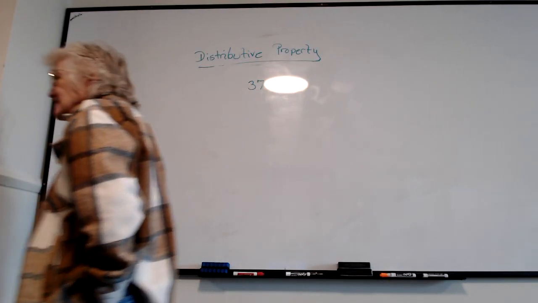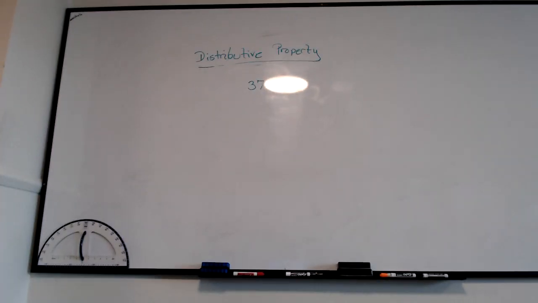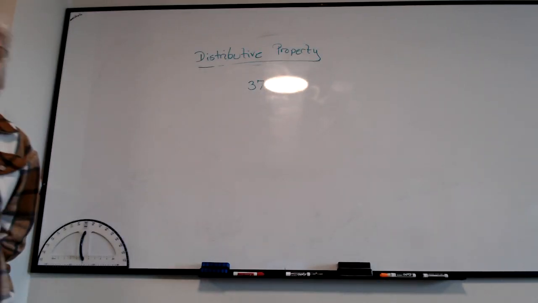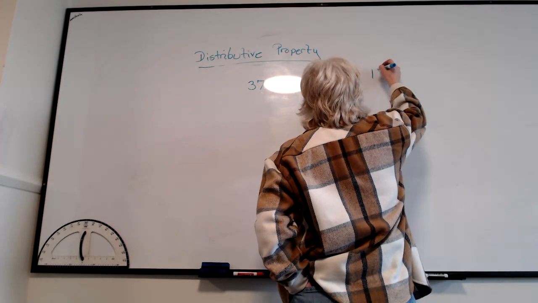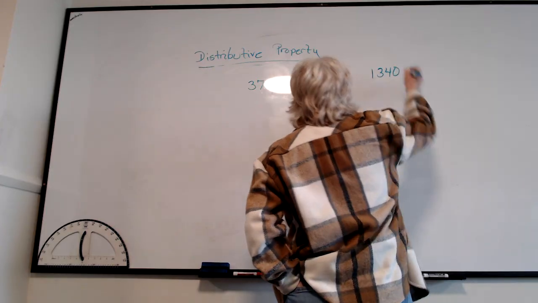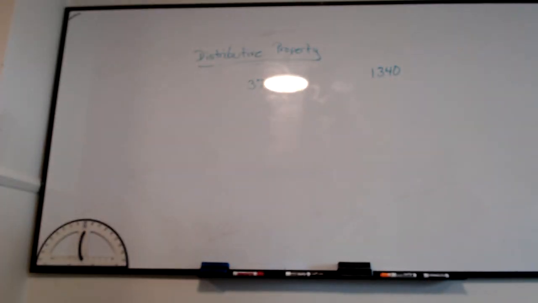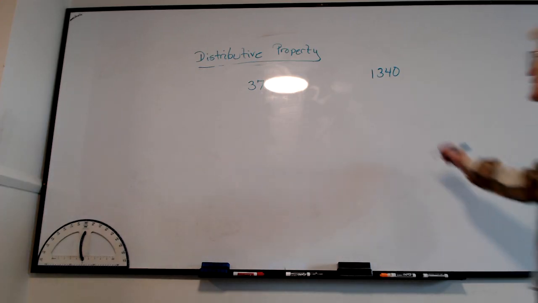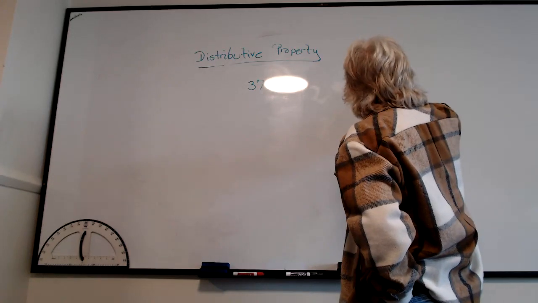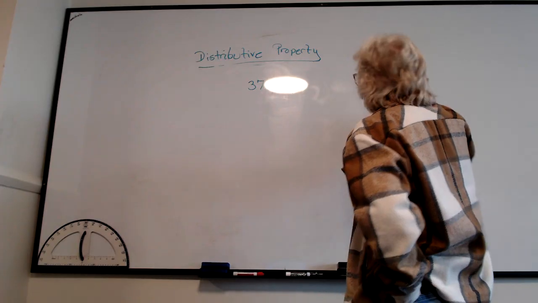Okay, who would like to tell me what they got? Ezekiel, what'd you get? I got 1,340. I'm going to tell you right now, I know that's not correct. Okay, what'd you get? 1,554. I'm not sure that might be correct.